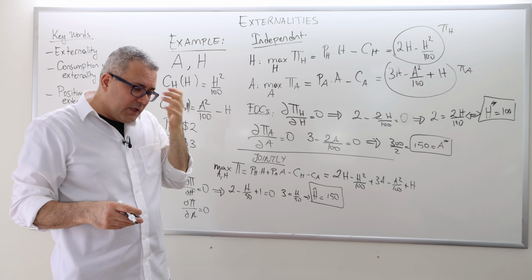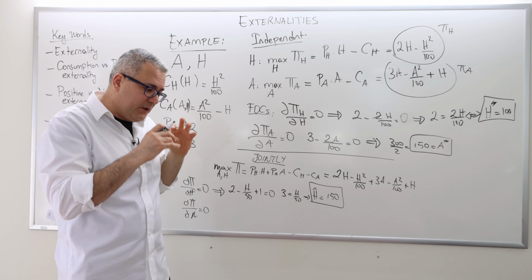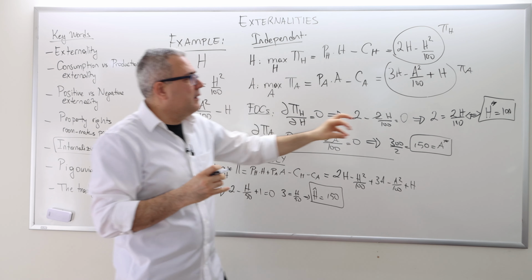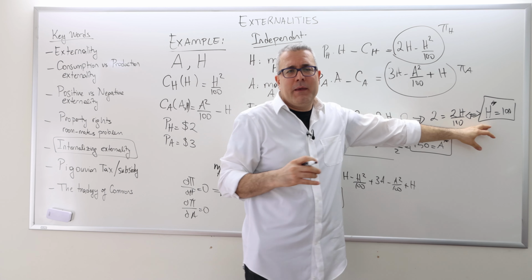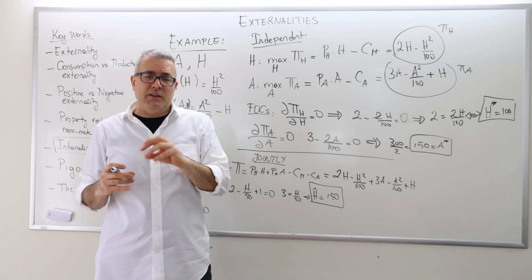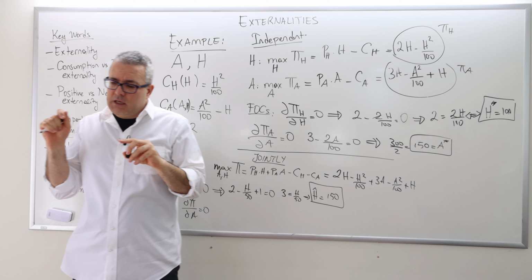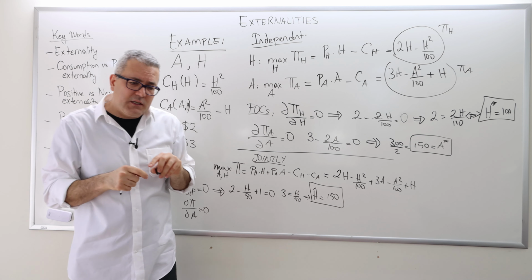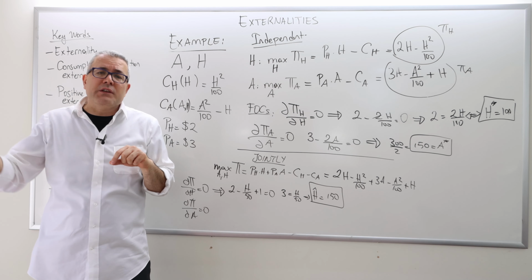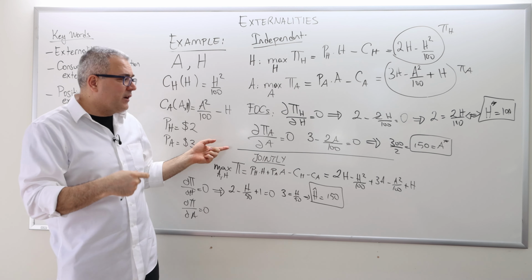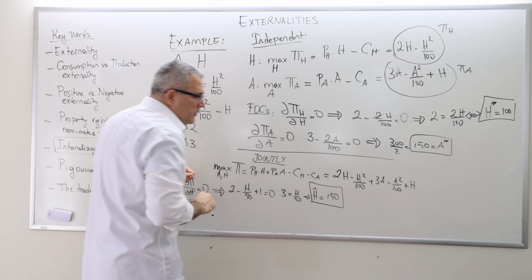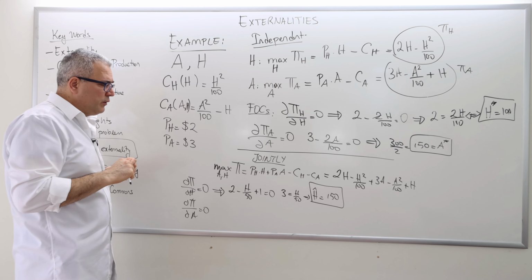If you're focusing on the profit from the honey production, the profit maximizing honey amount is 100. So you don't want to produce more than 100. But the thing is, more honey is going to produce more apples. And so that's why you want to increase the honey production, in order to increase the apple production, because that will increase the total profit. So therefore, you produce not 100, but 150 units of honey.